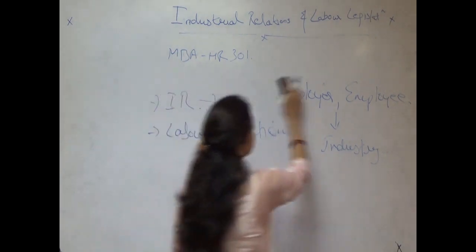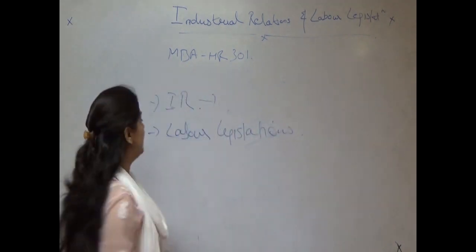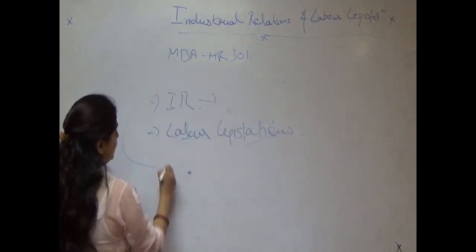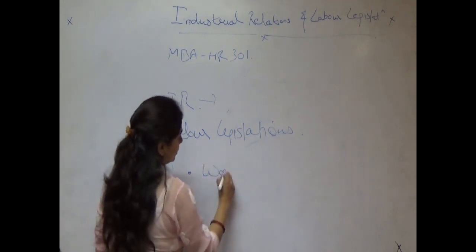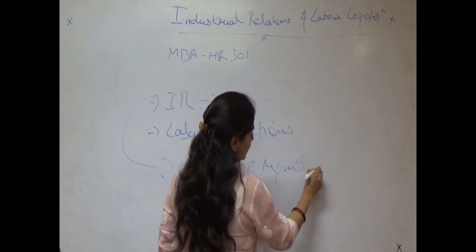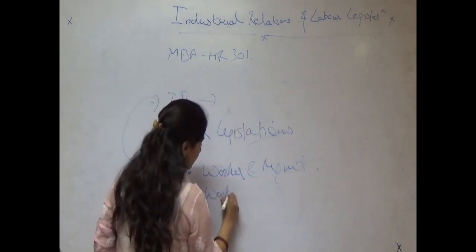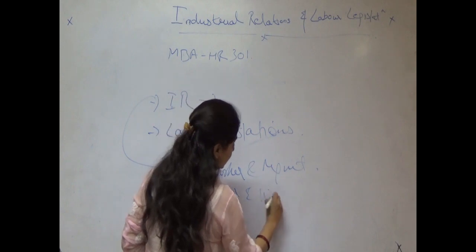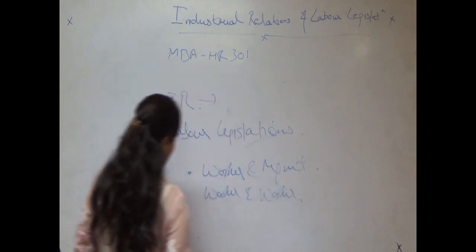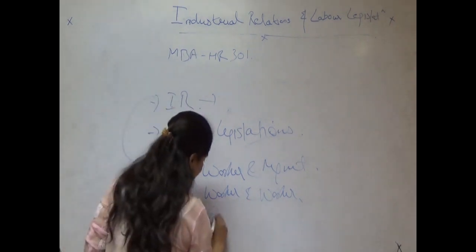Yes, the relationship between them is regulated in the term industrial relations by maintaining the relationship between the worker, that is the employee, and management. Again, between the worker and worker, and between the employer and employer.